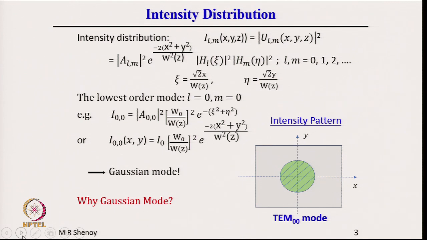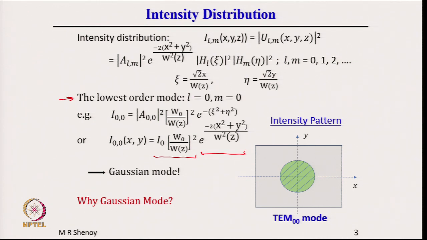The intensity distribution is given by mod square of U_LM x y z. So, that will come out to be like this in this expression, where L, M equal to 0, 1, 2, etc. For the lowest order mode, that is for L equal to 0 and M equal to 0, the intensity distribution is given by this expression here, and as we have already seen in the last lecture, this is an amplitude distribution multiplied by a Gaussian e to the power minus 2 r square by w square of z.